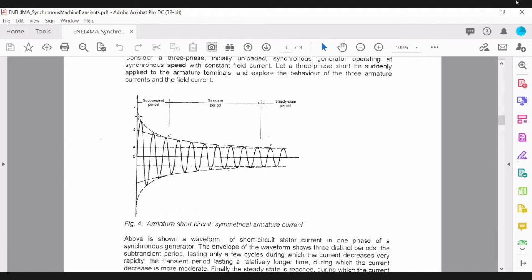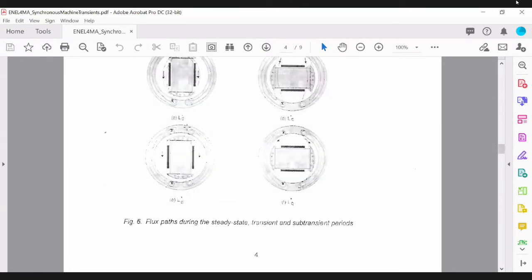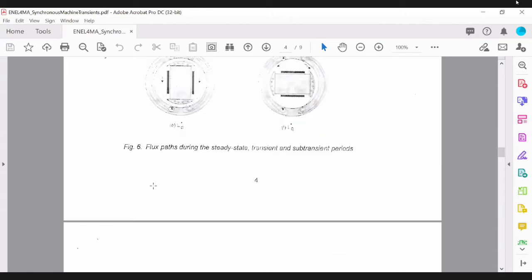So the amplitude of your armature current is much higher here because the distribution of flux is mostly along the stator iron, and obviously the reluctance is much lower.